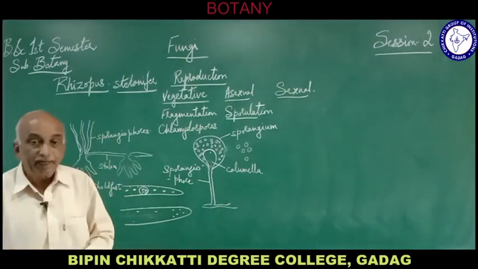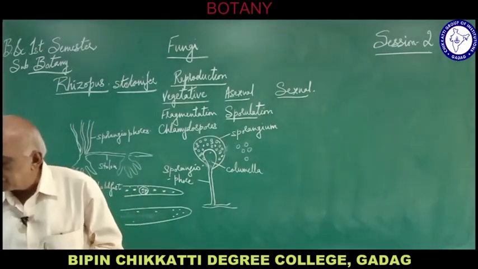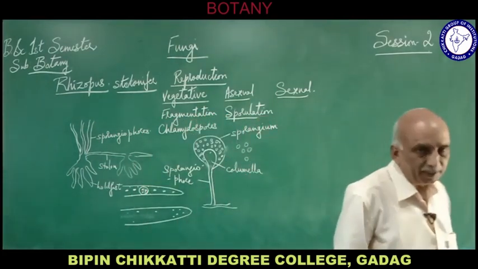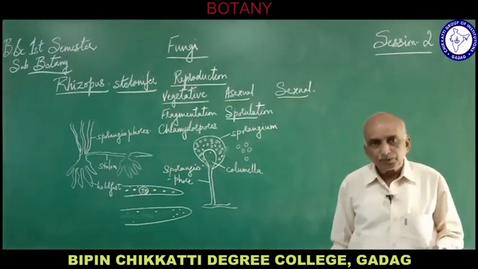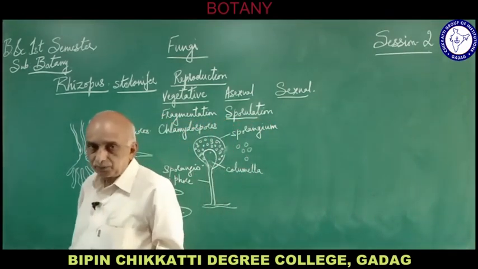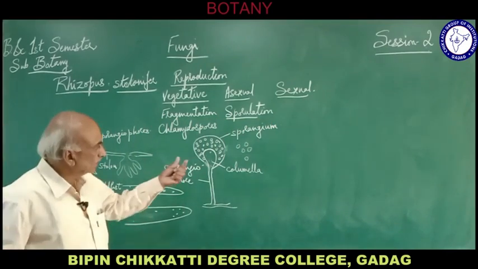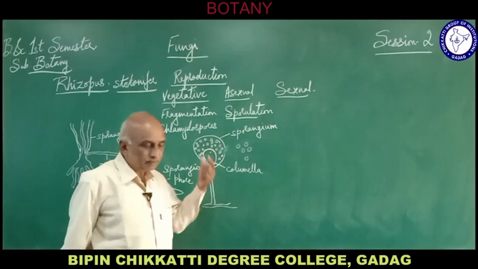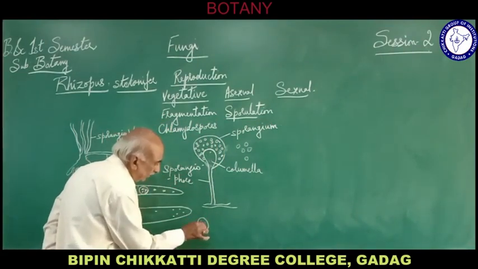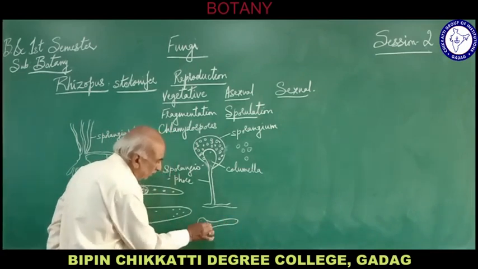There should be adequate moisture and favorable temperature, and there should be starchy matter in the substratum, that means carbohydrate, for the germination. So adequate moisture is necessary for the germination of the spores. These spores, which are multinucleate, having many nuclei, germinate and give rise to the mycelium.